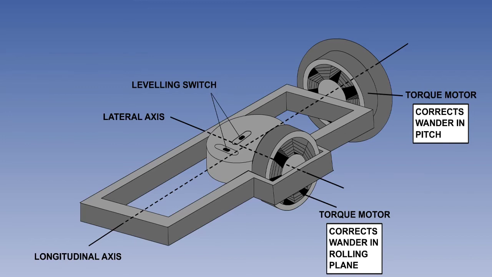So a point to bear in mind is that the mercury switch, which senses wander of the spin axis in the fore and aft plane, has its associated torque motor fixed to the outer gimbal. The mercury switch, which senses wander of the spin axis in the lateral plane, has its associated torque motor on the inner gimbal.